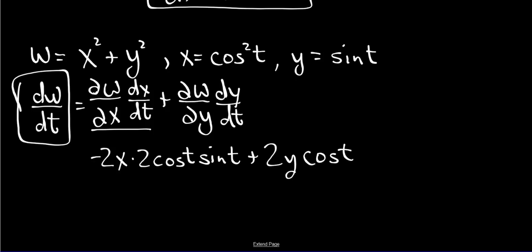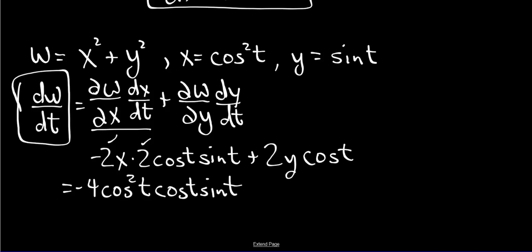Now, we're not exactly finished because I want everything in terms of t. So I've got this 2 and this 2, that's negative 4. In place of x, I'm going to put cosine squared, and then I've got cosine t sine t. And then over here, in place of y, I'm going to put sine t.